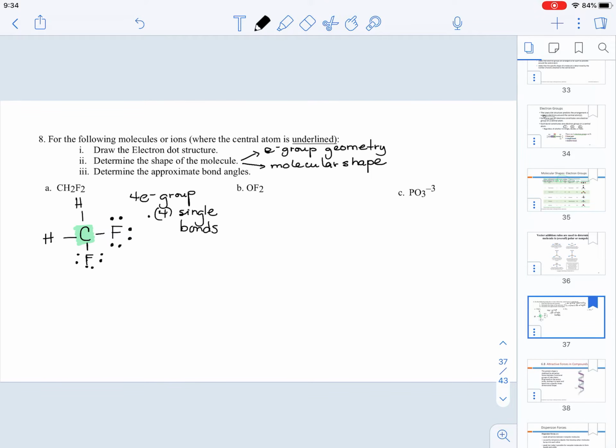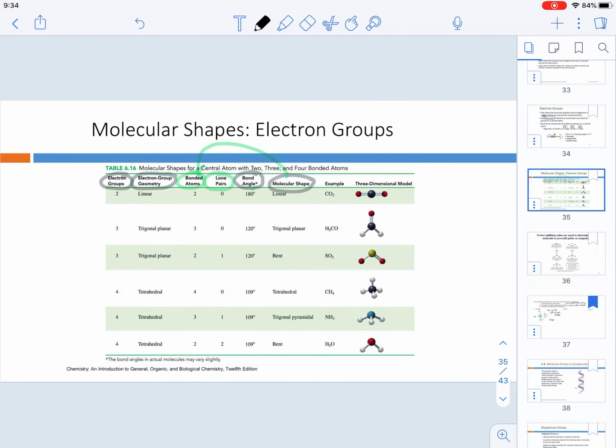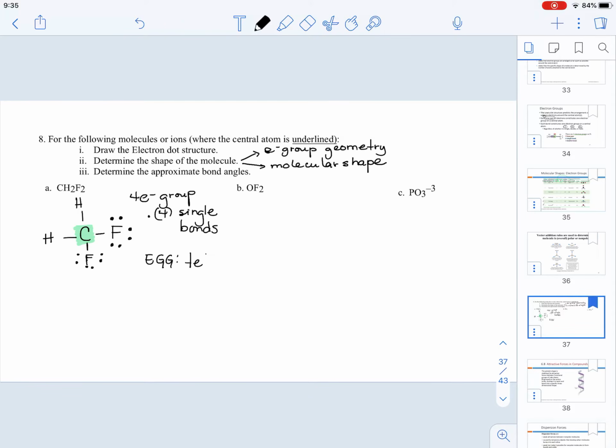So, when I'm trying to determine the electron group geometry, I will look to my table and I will say, oh, for 4 electron groups, my electron group geometry is tetrahedral. It doesn't matter how many attached bonds and lone pairs you have, anything that has 4 electron groups is known as tetrahedral. So I will write here tetrahedral.